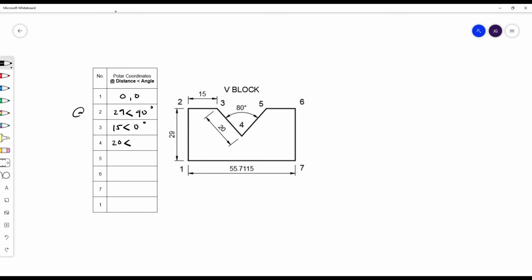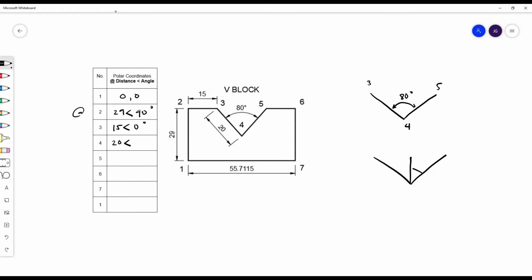Take note that we can redraw: we have 3, 4, and 5. Take note that this is angle 80. If we want to get the angle from 3 to 4, they are symmetrical: distance 20 from 3 to 4 and from 4 to 5.